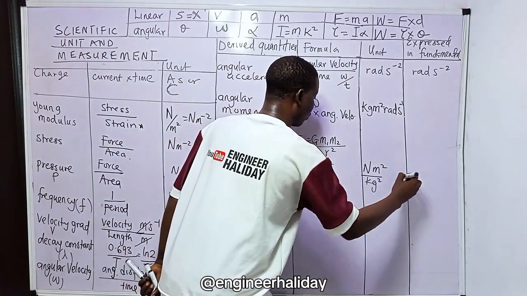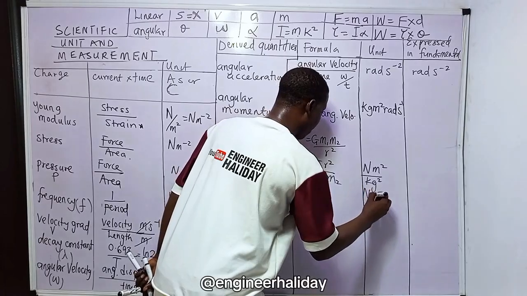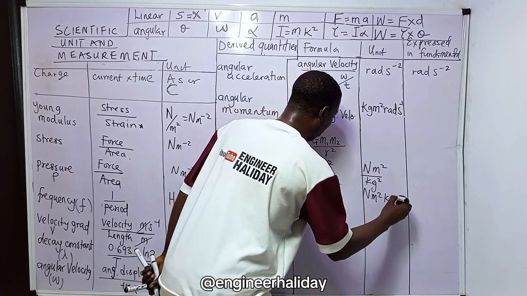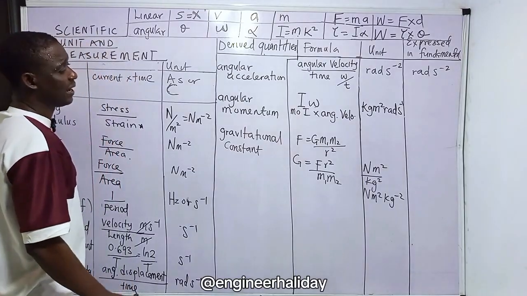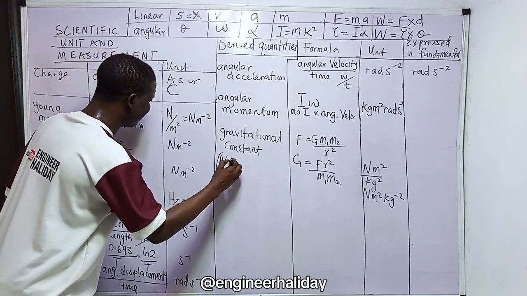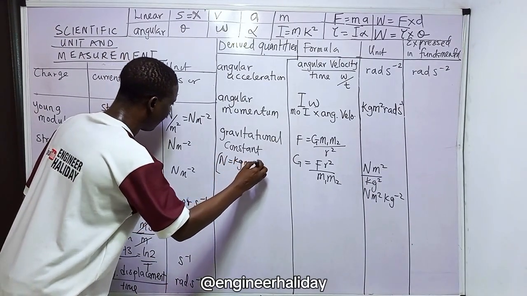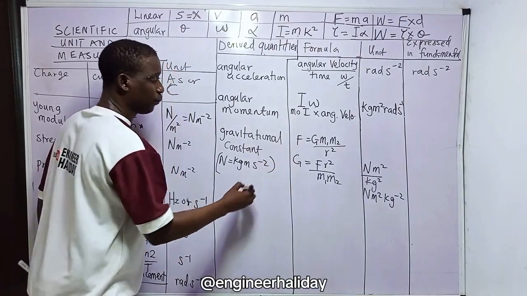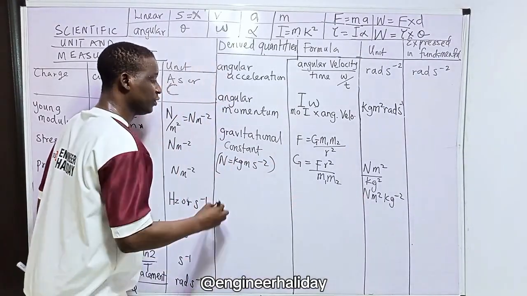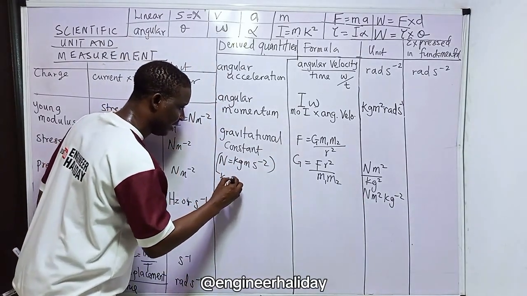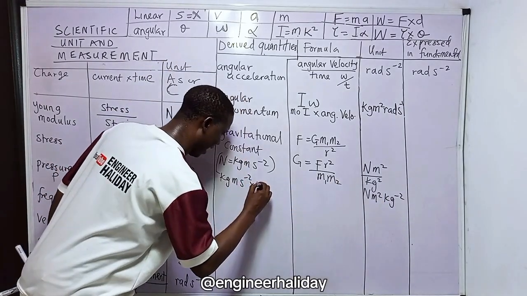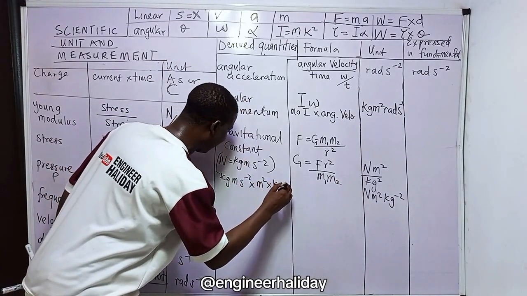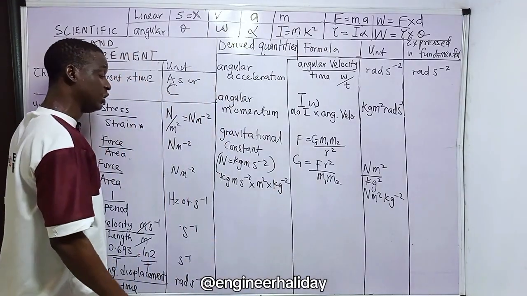So somebody can write that as newton meter squared per kilogram squared. What if somebody wants to break it down? Remember that newton is equal to kilogram meter per second squared. So if I now put it in and multiply, you discover that kg meter per second squared multiplied by meter squared per kg squared.